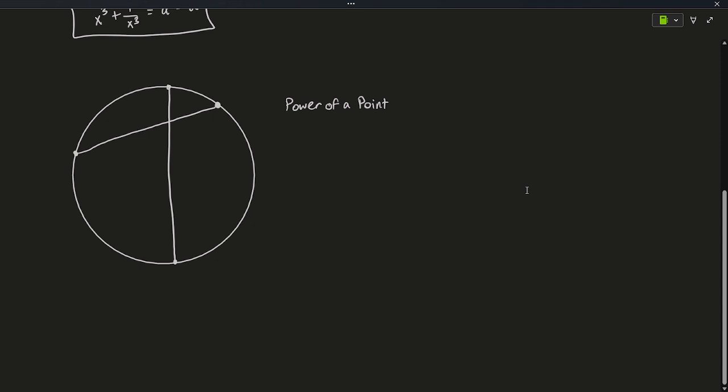So similar triangles, we obviously know that if all three angles in two different triangles are equal, then those two triangles are similar. So right here we can see.